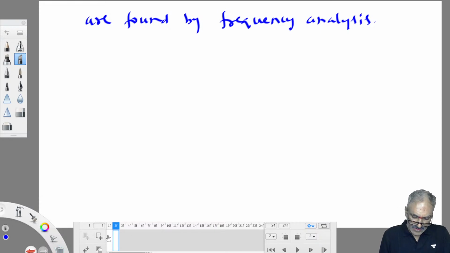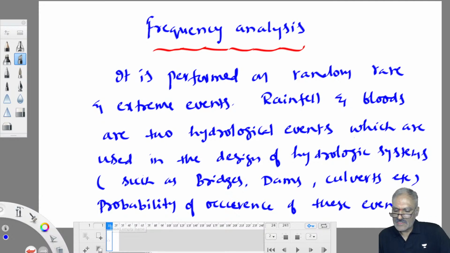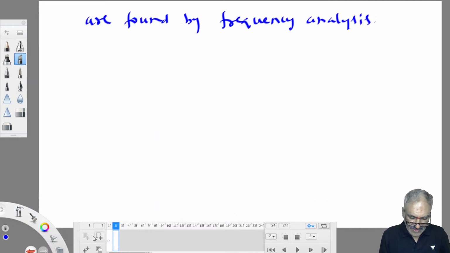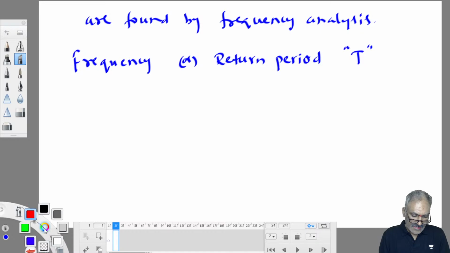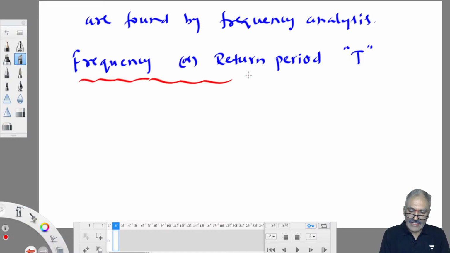I am talking about frequency. What is this frequency? Frequency is a general term, but civil engineers, most of the time, call it the return period. Frequency or return period, we denote it by T. Sometimes it is also known as recurrence interval.